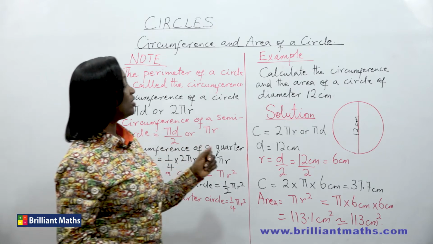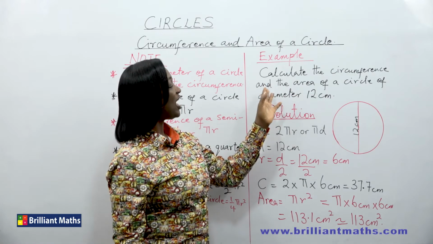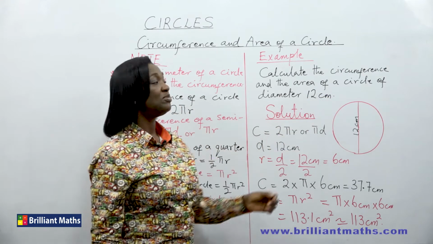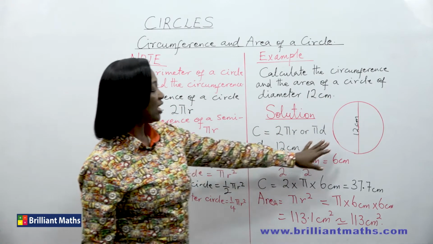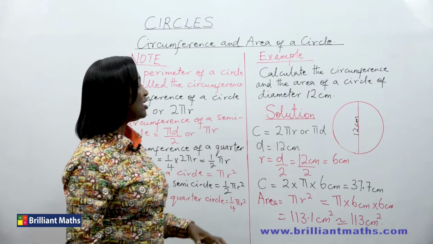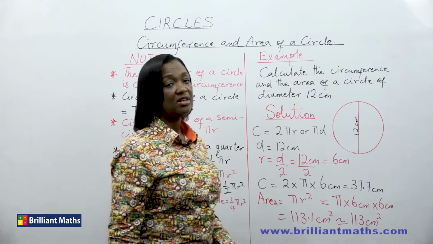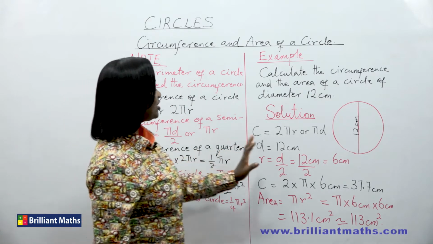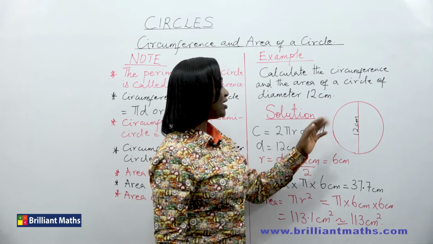In example 1, calculate the circumference and the area of a circle of diameter 12 centimeters. So we have a circle, and the diameter of the circle is 12 centimeters, and we want to find the circumference and the area. Using the formulas we've learned already, circumference is equal to 2 pi r or pi d.